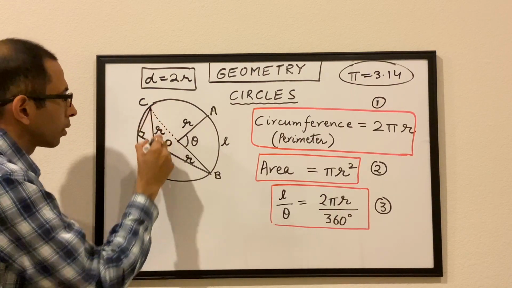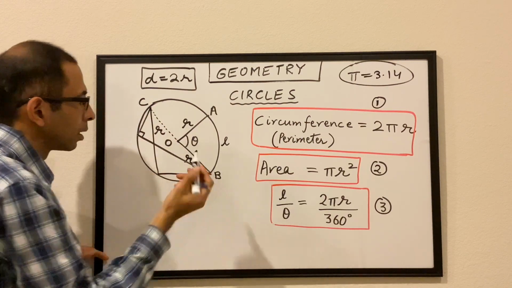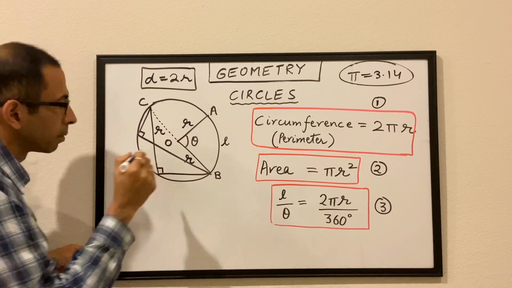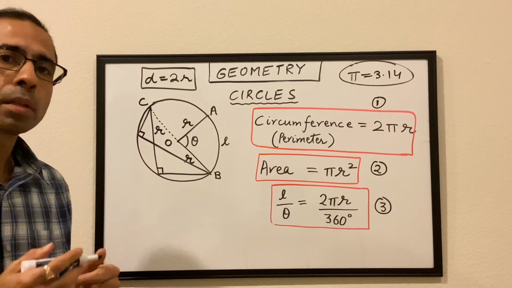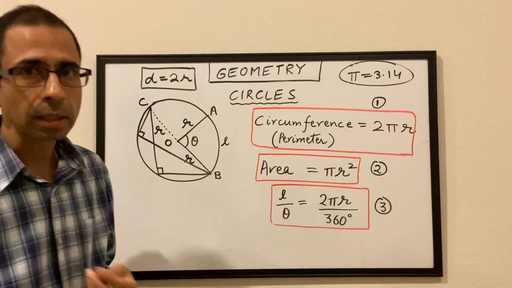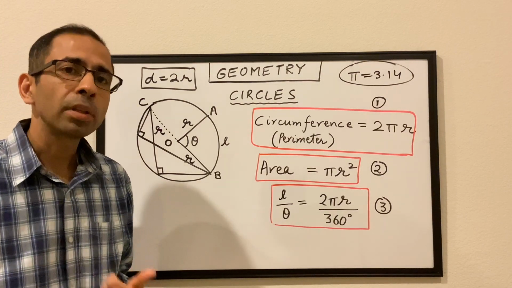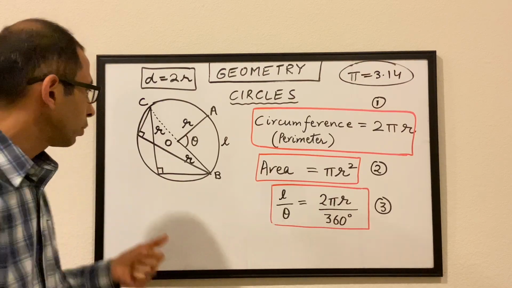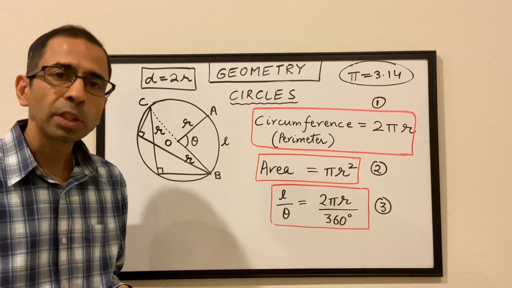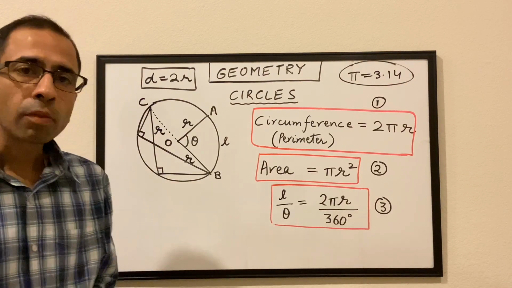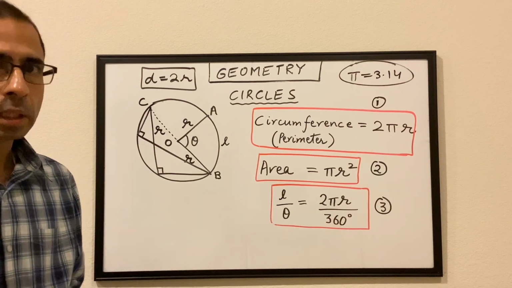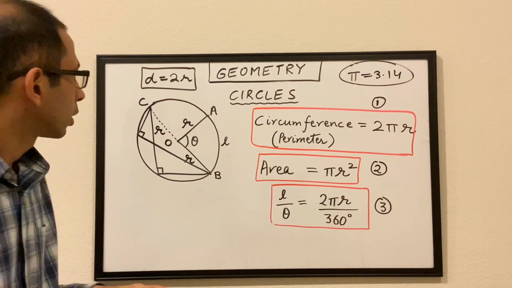If I draw another triangle, let's say this, it will again be 90 degrees, right? So any triangle within the semicircle is a right angle triangle. That's an important thing for us to know, because once we have a right angle triangle in the picture, we can use any trig functions, we can use Pythagoras theorem and things like that. So that's an important thing, right?